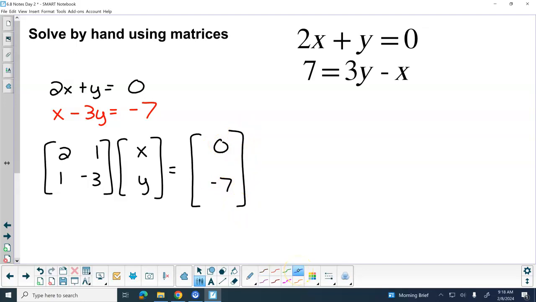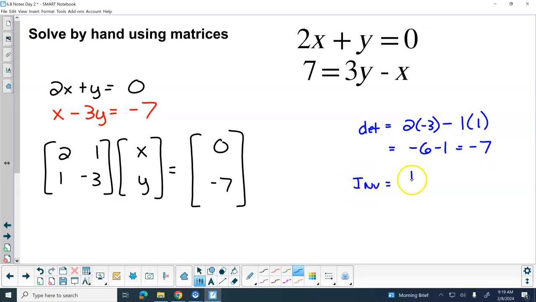So then I'm going to find the determinant. And that's going to be 2 times negative 3 minus 1 times 1. That's going to be negative 6 minus 1, which is negative 7. So my inverse matrix is going to be 1 over negative 7 times negative 3, negative 1, negative 1, 2.